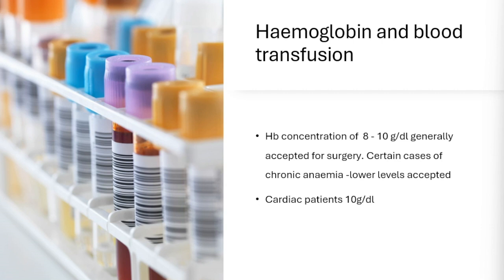In cardiac patients, you need to have a hemoglobin level of 10 grams. So if someone is anemic, you need to improve their hemoglobin. If you have time, you can put them on oral iron therapy, or depending on the time frame, you can give IV iron, or you may need to give blood transfusions to improve the hemoglobin level.